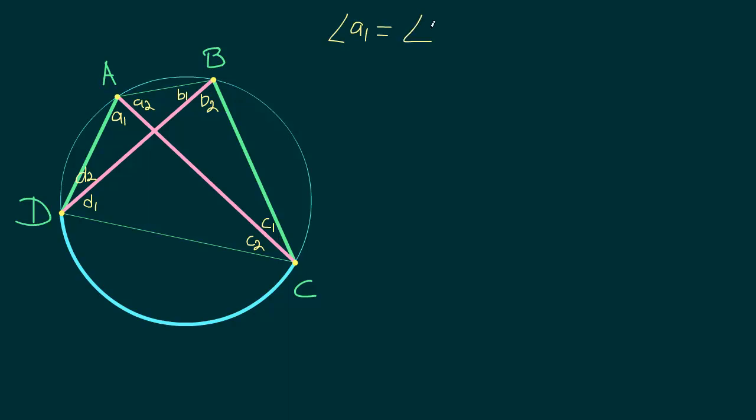Why? Because we know that all angles subtended by the same arc on any other point in the circle will be the same. That is the theorem.